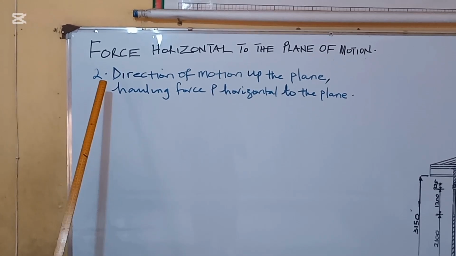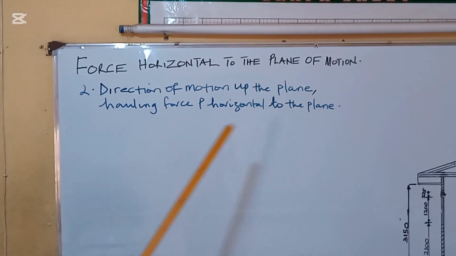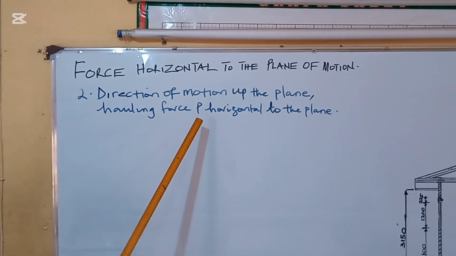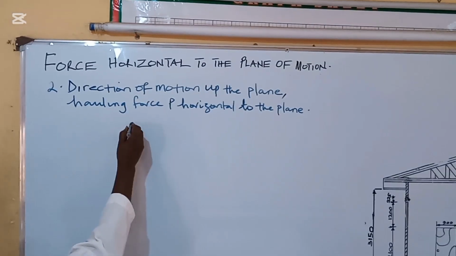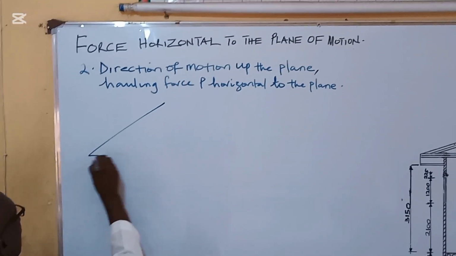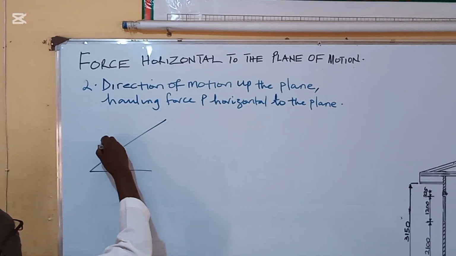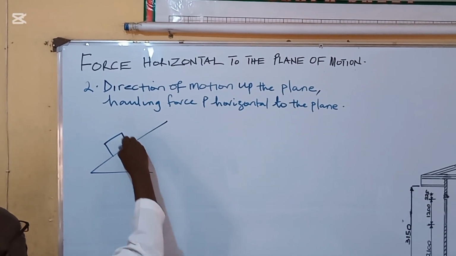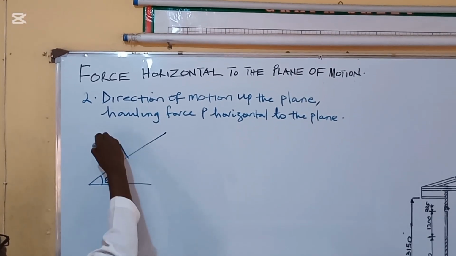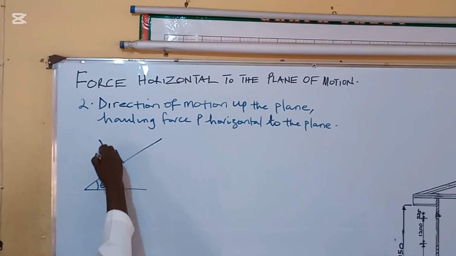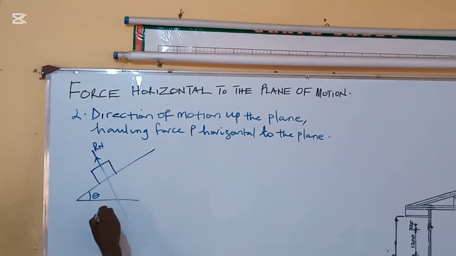Now we are considering case 2, direction of motion up the plane. Now the hauling force P horizontal to the plane. Now if I draw the plane, the inclined plane, and I put a body on top, the incline is at angle theta. Often the normal reaction acting upwards. Are we there?